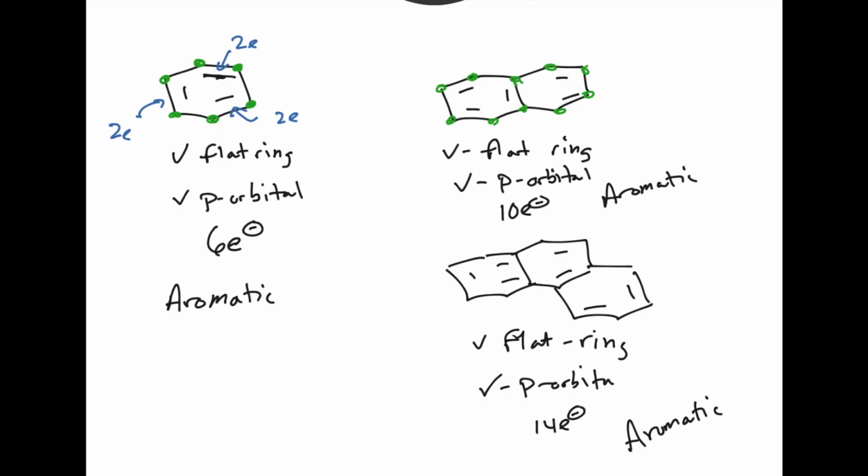So if you have 14 and 18 pretty well nailed down, you're good. So, if we look at a ring and ask, is it a flat ring? Does everything have a p orbital? How many electrons are there? It's aromatic.